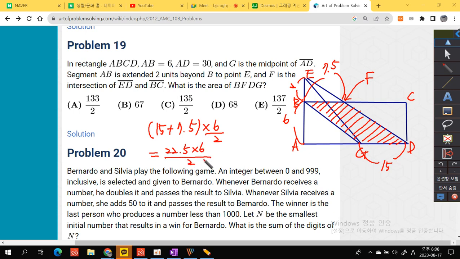So when you multiply this 22.5 and 6, which fraction is the answer from the choices? Yep, so it's not an integer. So which one is the numerator? Can you multiply this 22.5 and 6?